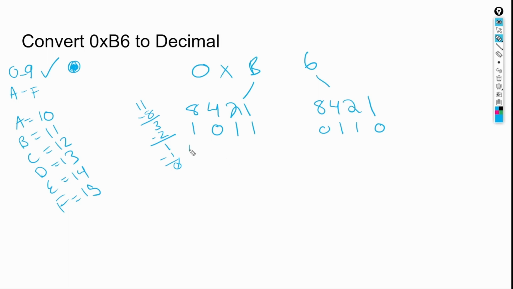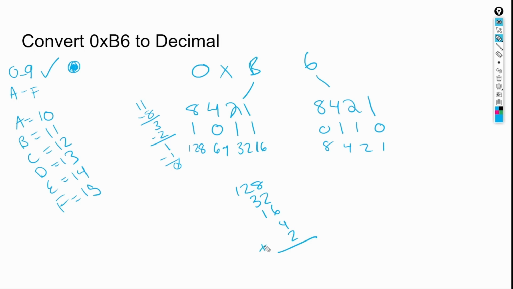And now we just do our calculations of 128, 64, 32, 16, 8, 4, 2, and 1 for our 8 bits here. And we have 128 allocated, 32, 16, 4, and 2.